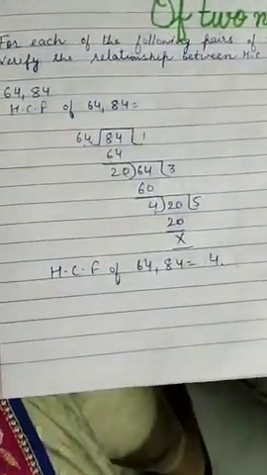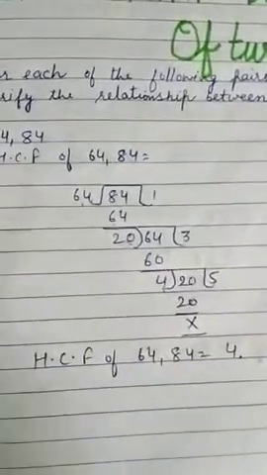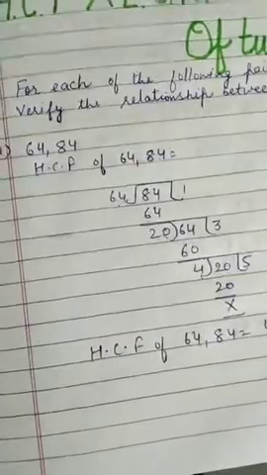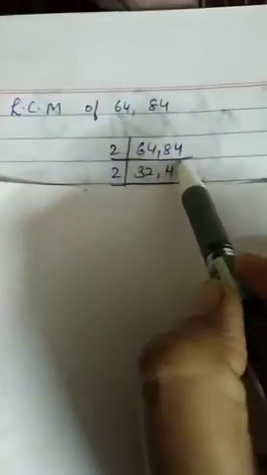Now we will find out the LCM of 64 and 84. See here, 64 and 84 are written in one row. By the division method we are finding the LCM.